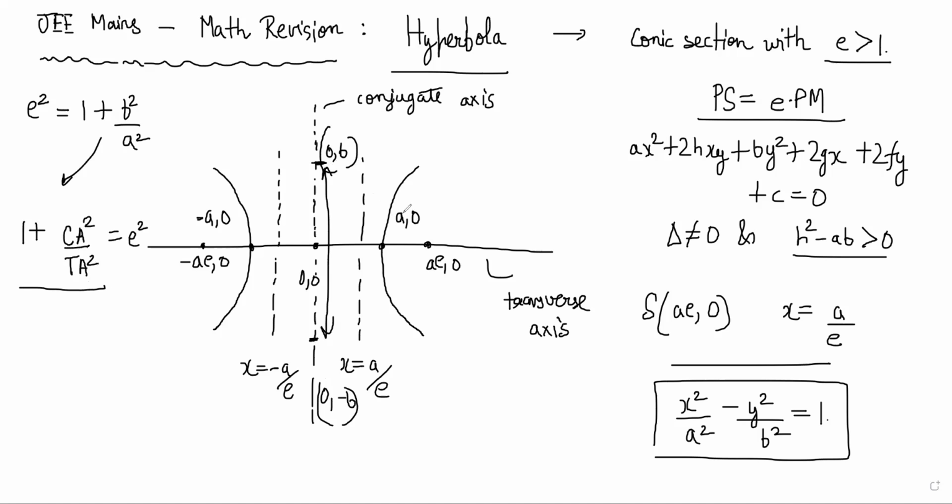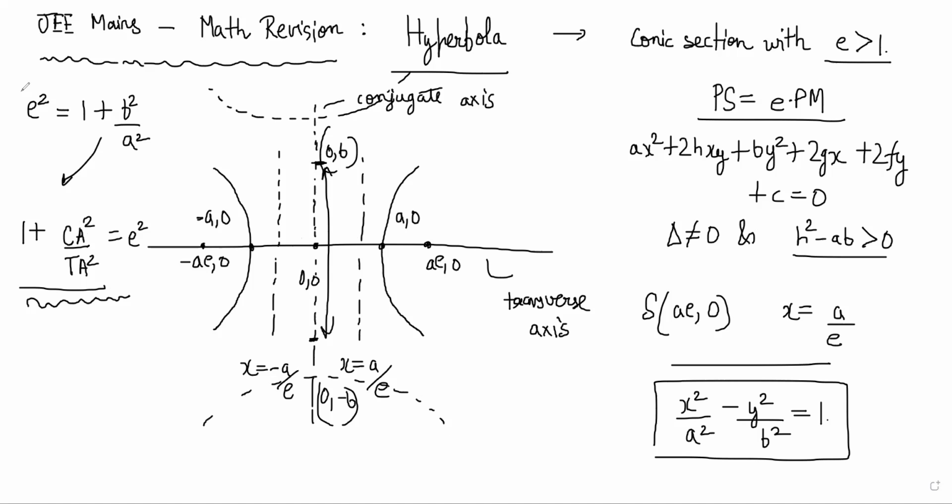The reason we are writing it like this is sometimes your axis could be interchanged. You could have a hyperbola like this, that is called a conjugate hyperbola. In that case, the transverse axis is this vertical line and conjugate axis will be this. So eccentricity will be 1 plus a square by b square in that case, right?